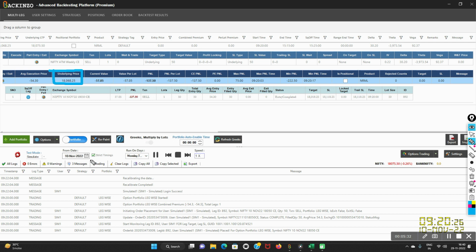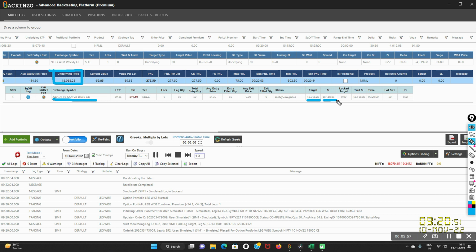9:20 was the start time. Here I had given a target of 50 points and a stop loss of 50 points for this particular leg. I set the target and stop loss leg wise on the basis of an underlying. So see, this is the target of 50 points. 18,018 is my target and 18,118 is my stop loss.